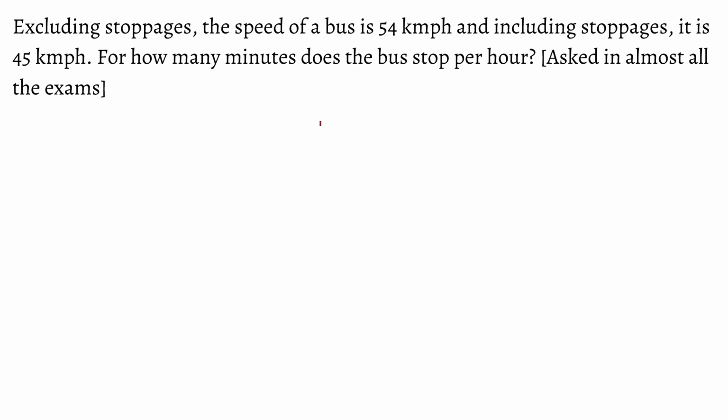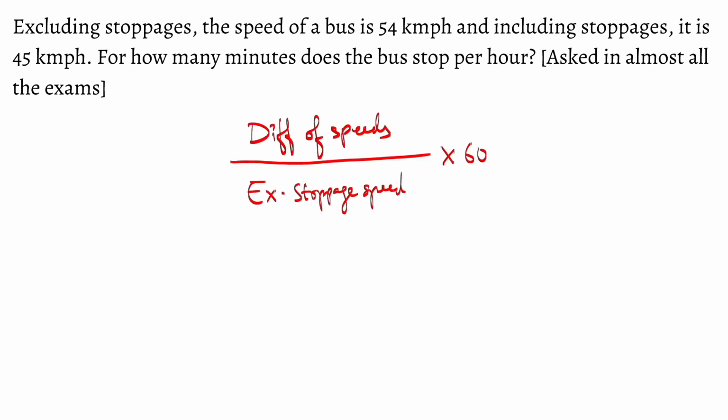I will write it down here. So difference of speeds by excluding stoppage speed into 60. This excluding stoppage speed is also known as the higher speed, right? So the difference in speeds here: 54 and 45, 9.